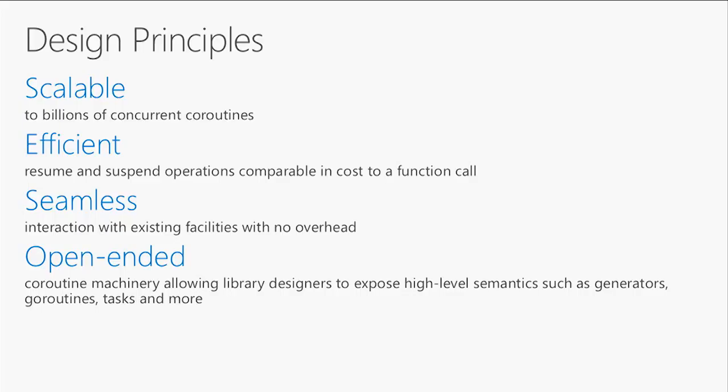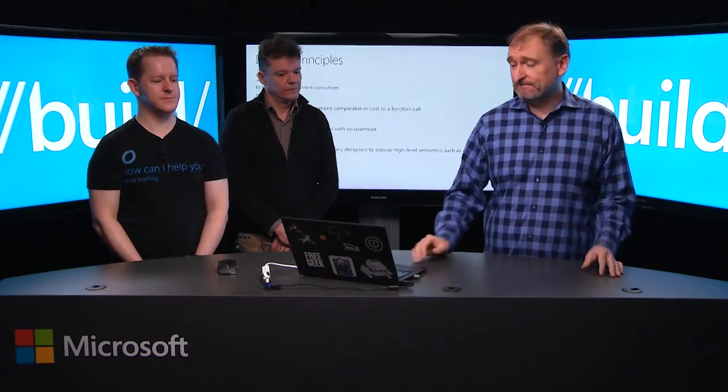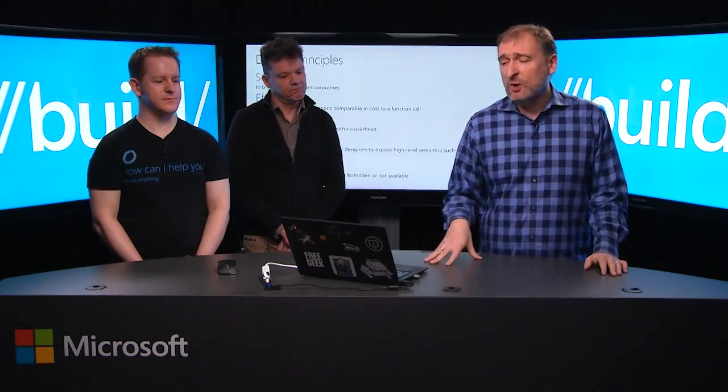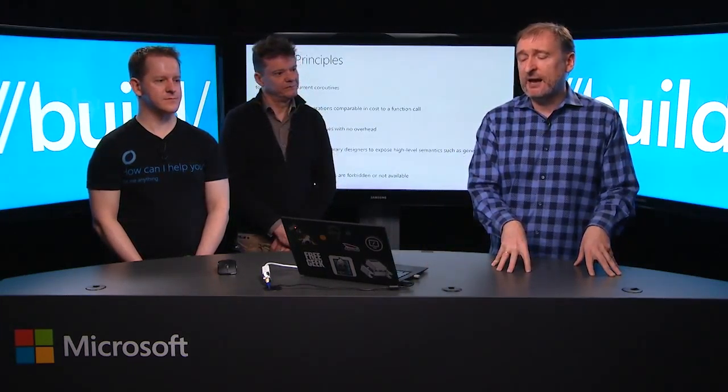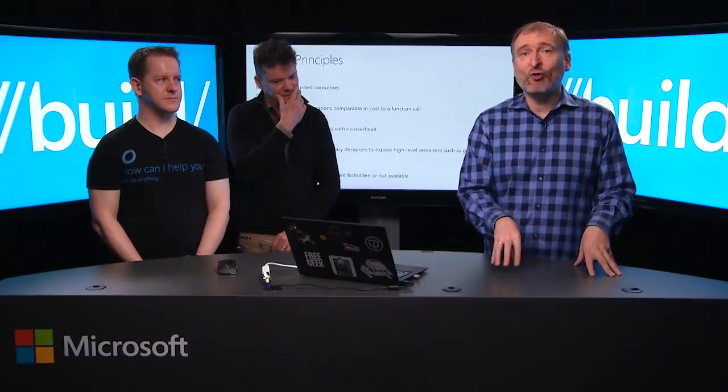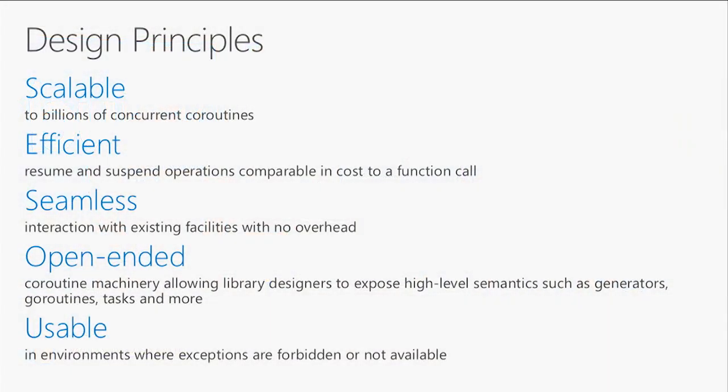You, as the developer or as a library developer, explain to the compiler what is the semantic of the coroutine. On the same note, we wanted to make sure that coroutines are not necessarily tied to exceptions. So if you are in an environment like kernel mode, or your company policy prevents you from using exceptions, you can use coroutines there as well.